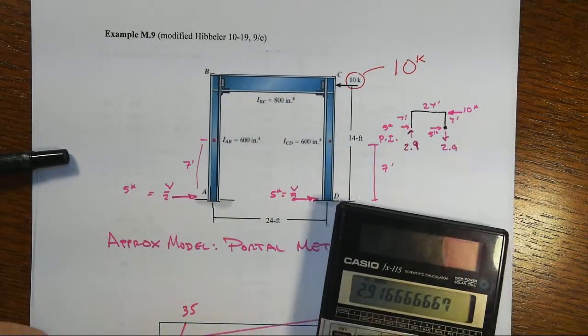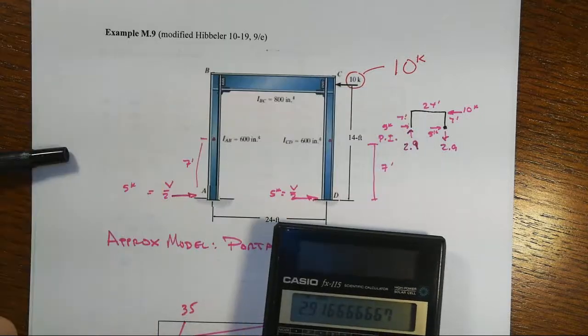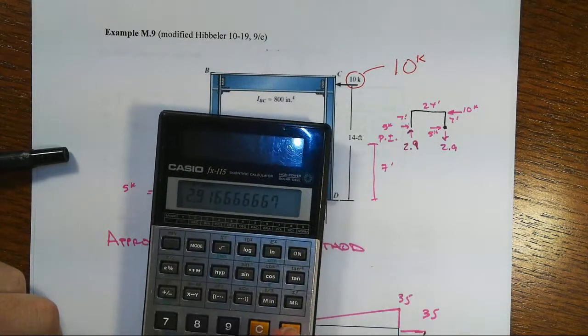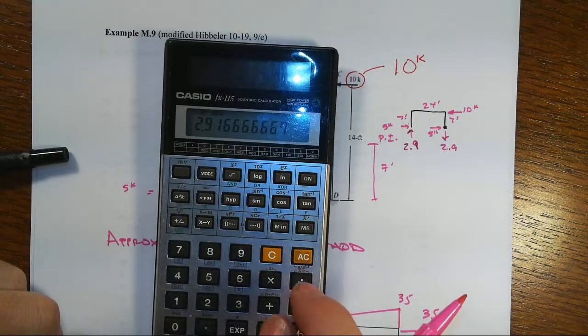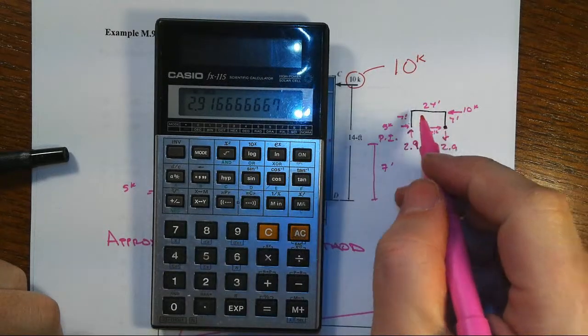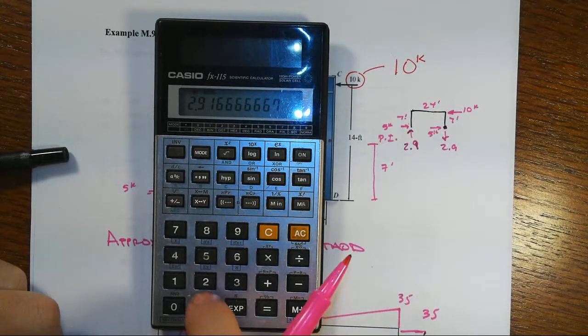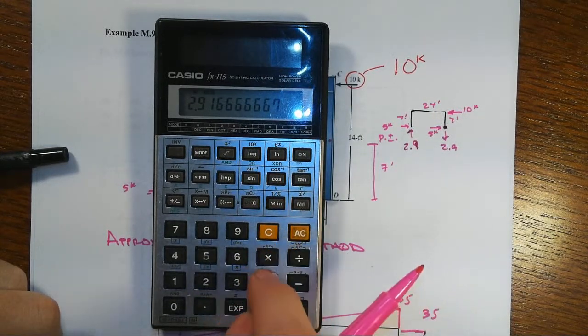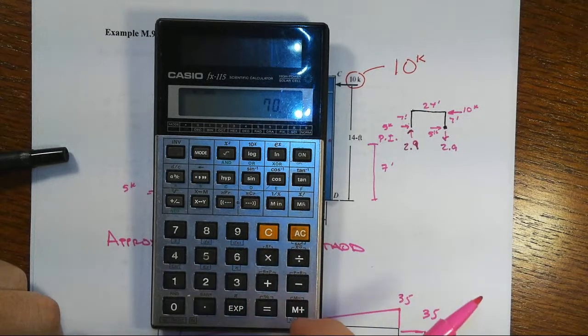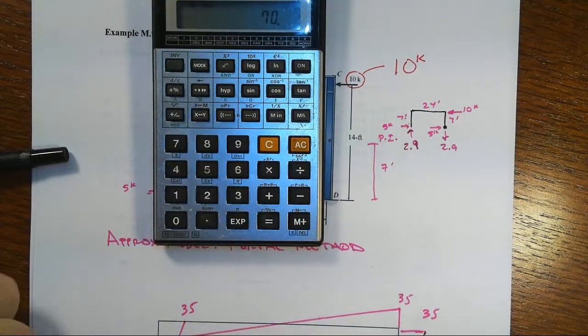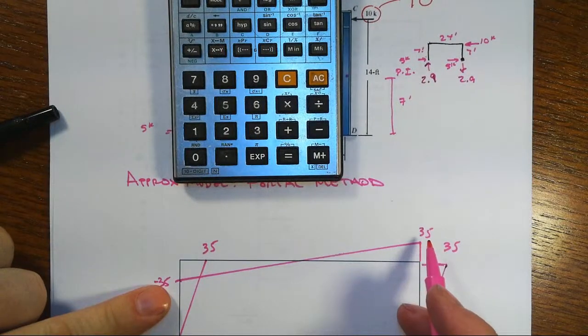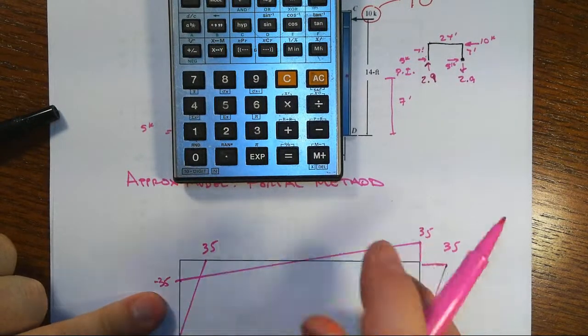And so of course that would be the shear up here in the right up here, and so in the beam, and 2.916 times 24 would be a total change of 70, and of course that's what we got to have in the total change over from here to here.